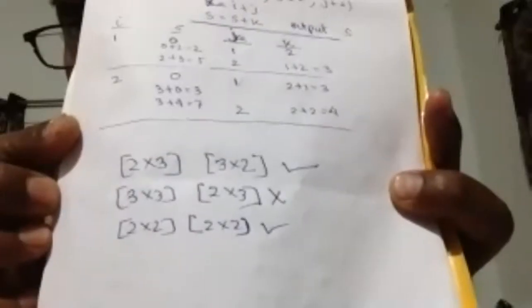Now, how to represent a matrix? I'll show you. A matrix has how many subscripted values? I and J, row and column. If I put A, I, and J, it is a two-dimensional matrix.